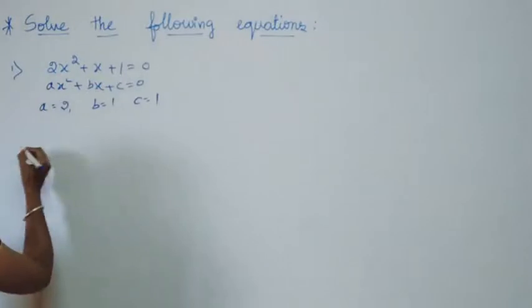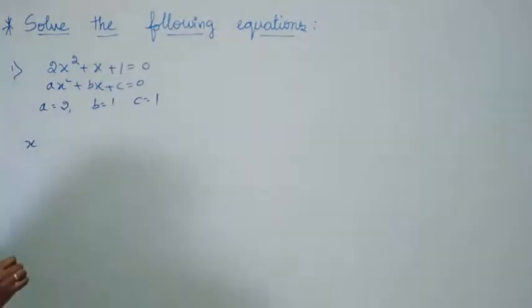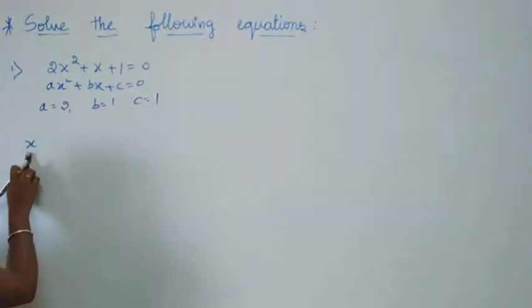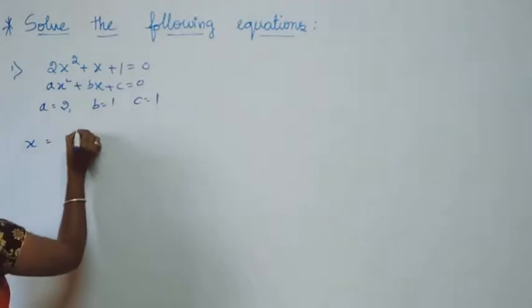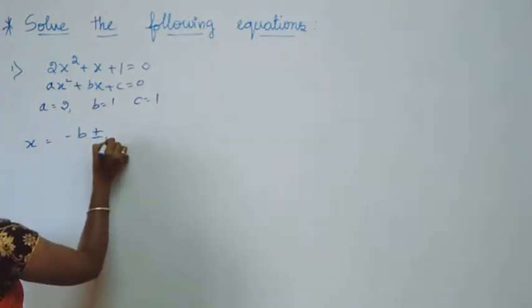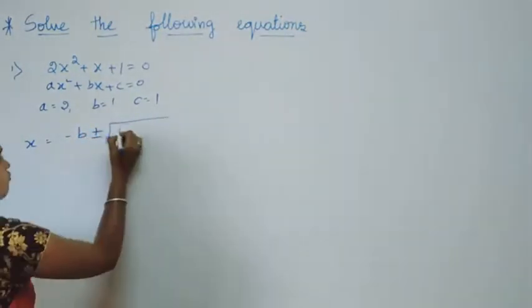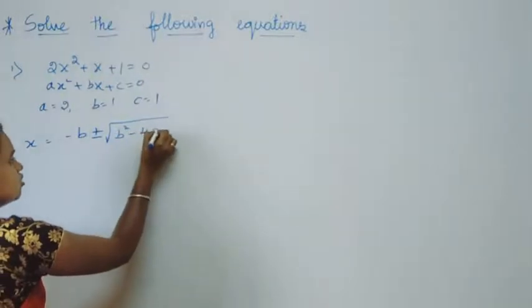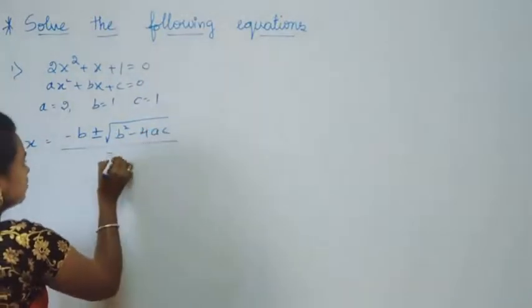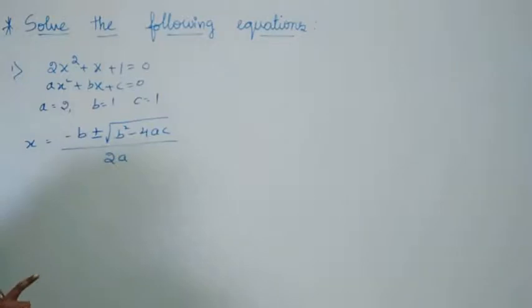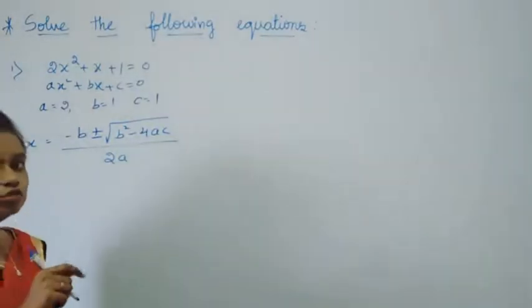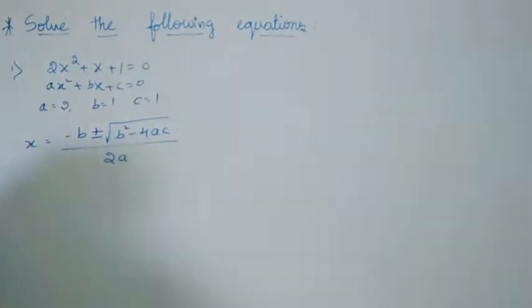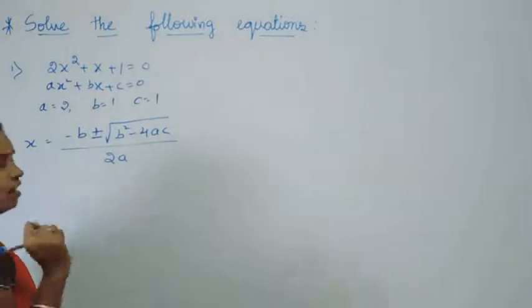Okay. So what is the formula to find the root of the quadratic equation? x is equal to minus b plus or minus square root of b square minus 4ac divided by 2a. This is the formula to find the roots of the quadratic equation. Okay. Now substitute the values.